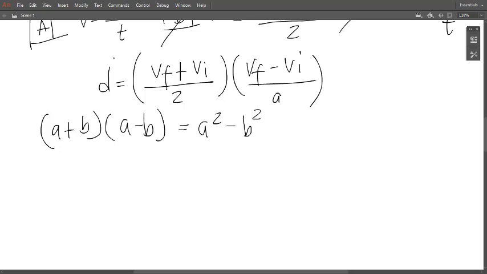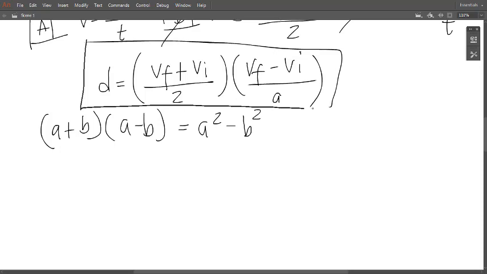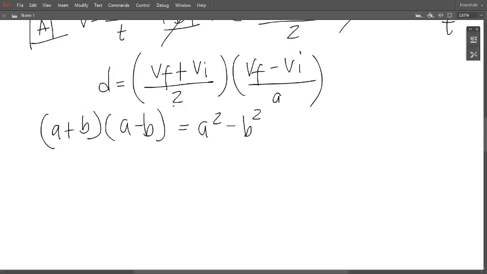This is how we solve this equation using the principle of algebra. So a plus b multiplied by a minus b will give us a squared minus b squared.